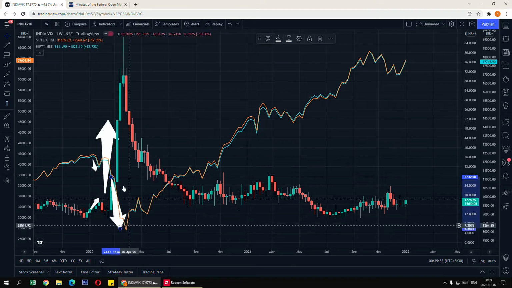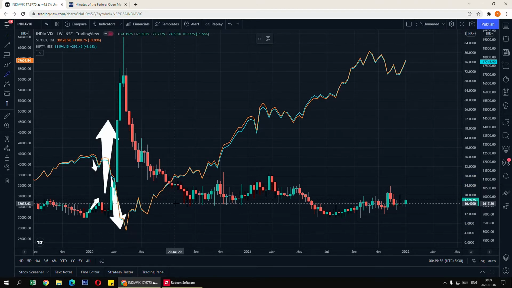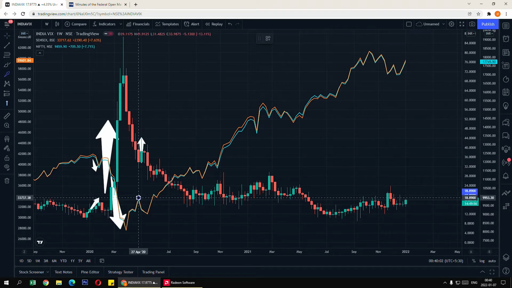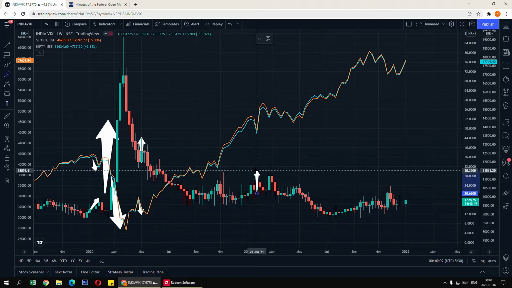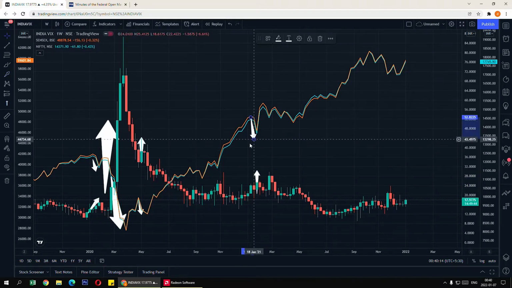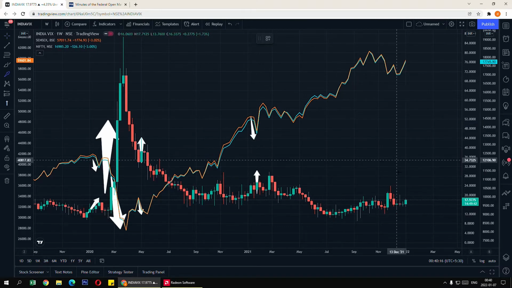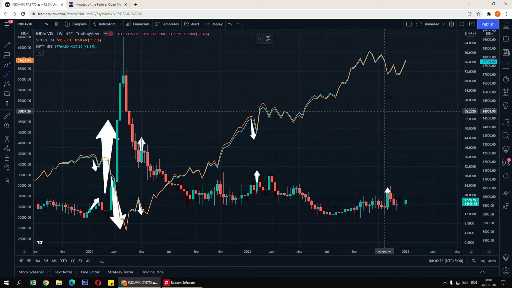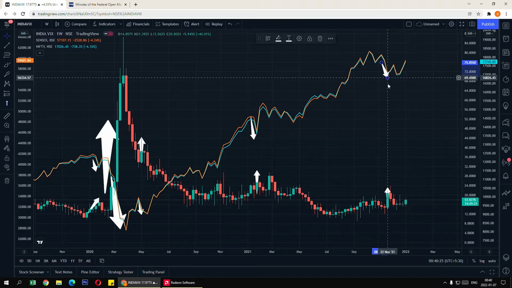So in the market, again, you can see the volatility index increases and the market decreases. We can see another example here. The volatility index increases in an uptick and the market gets a correction. We can see an example here recently: the volatility index gets up and it is followed by a correction.